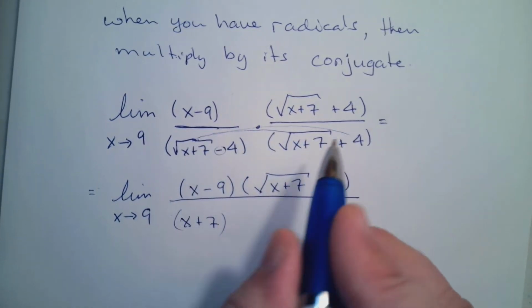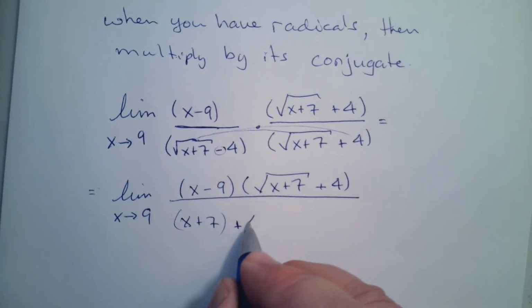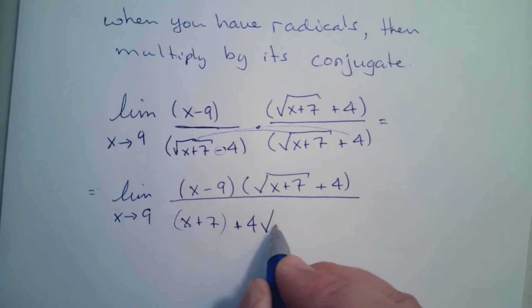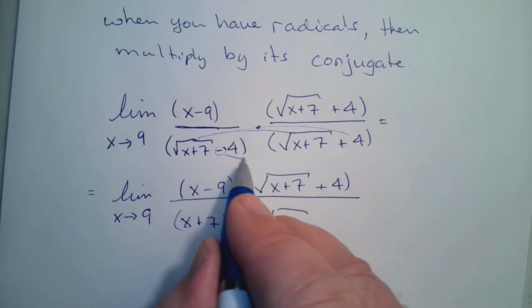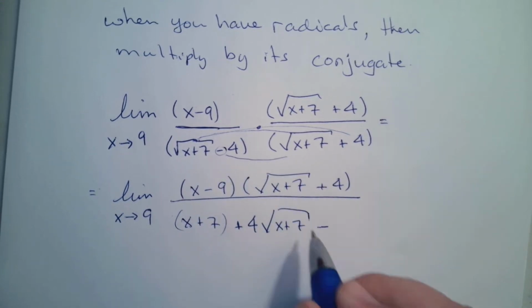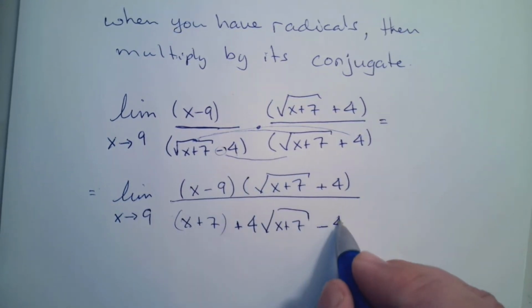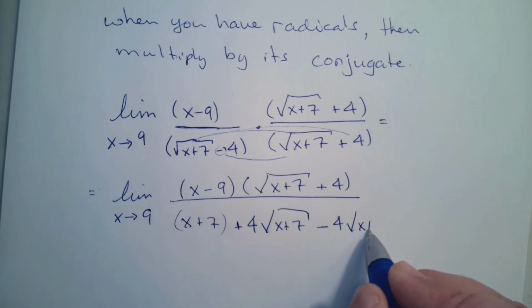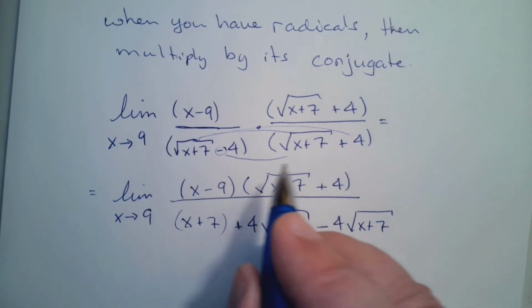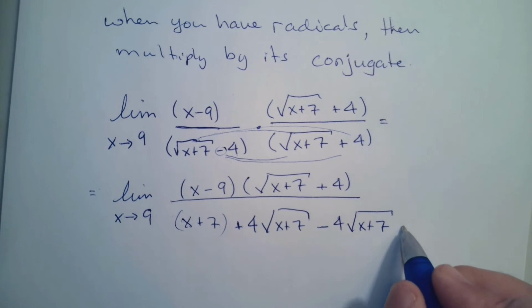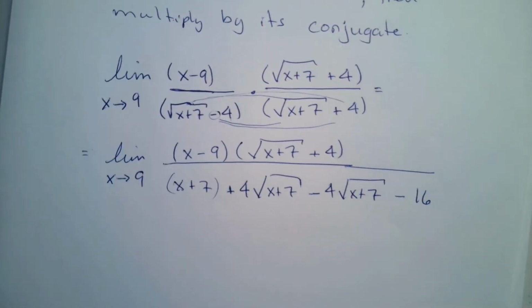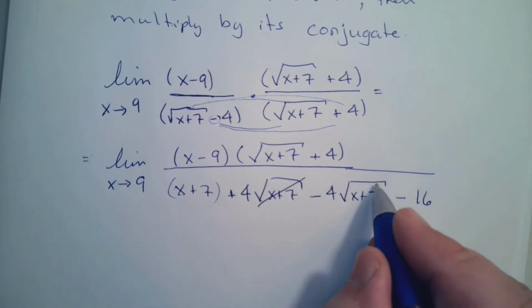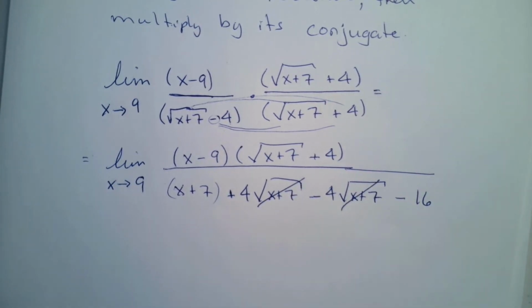Radical x plus 7 times 4 is positive 4 times radical x plus 7. Negative times positive is negative, 4 times radical x plus 7. And then negative times positive is negative, 4 times 4 is 16. Simplify this, we get those two are gone.